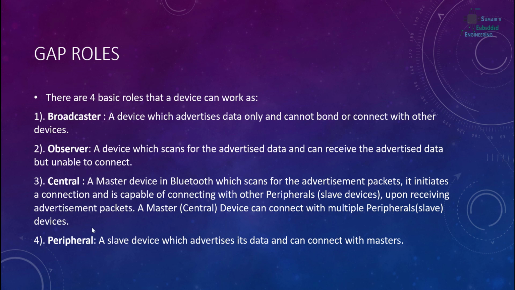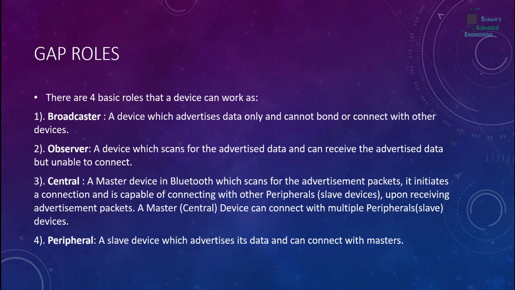Sometimes we have a different way to communicate. In some special cases, we will also be using multiple peripherals, and they will be connecting with one main master as well. We have different ways to connect, and we will see them in later tutorials.